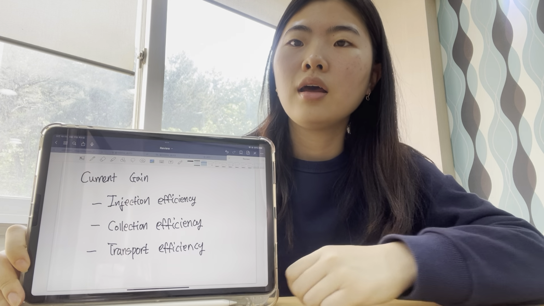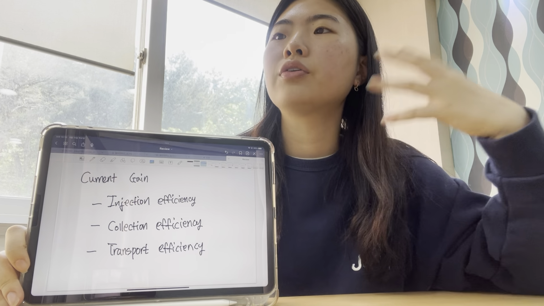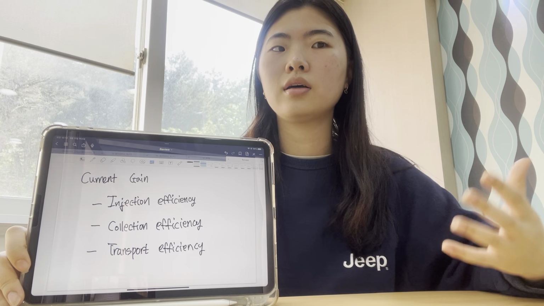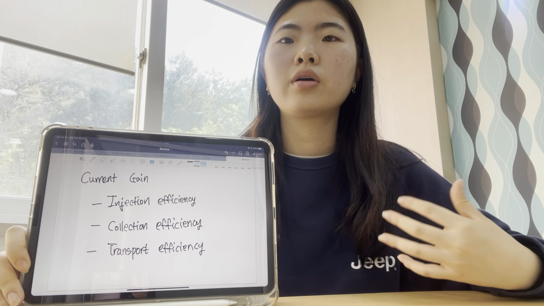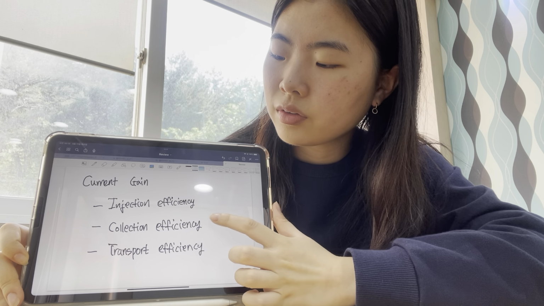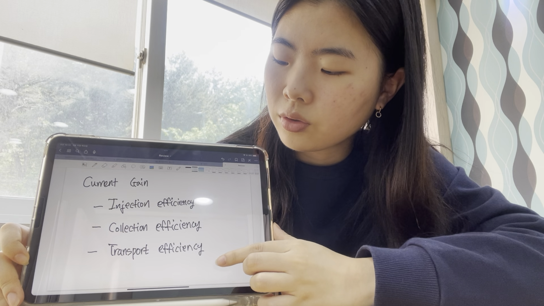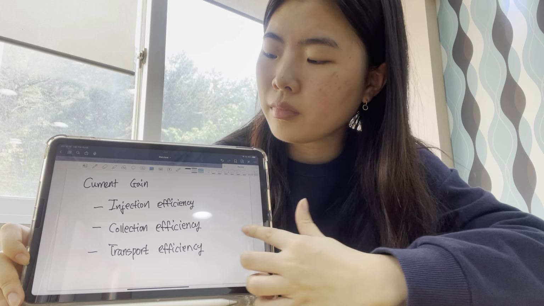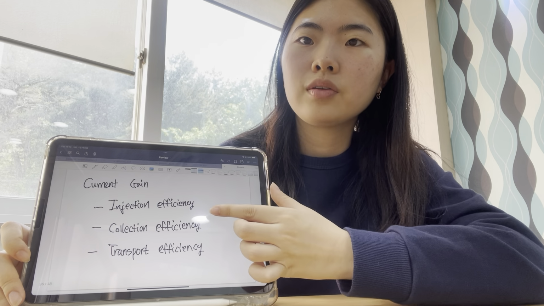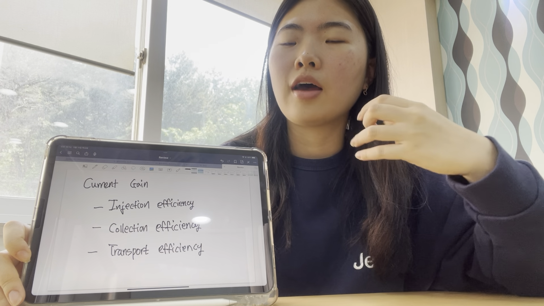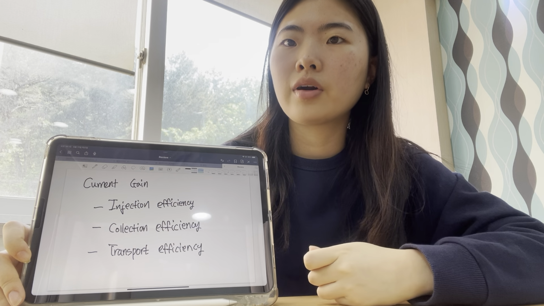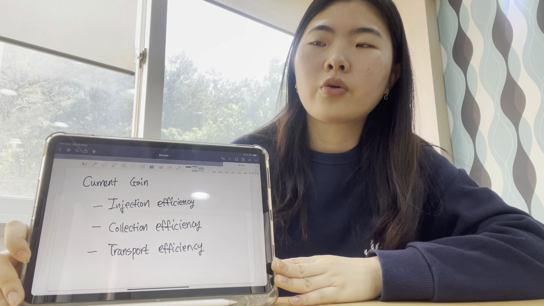In the current gain, there are three factors to get a better current gain: injection efficiency, collection efficiency, and transport efficiency. Injection efficiency means that if we heavily dope the base, the injection efficiency will be higher than before, and then the current gain will be better.